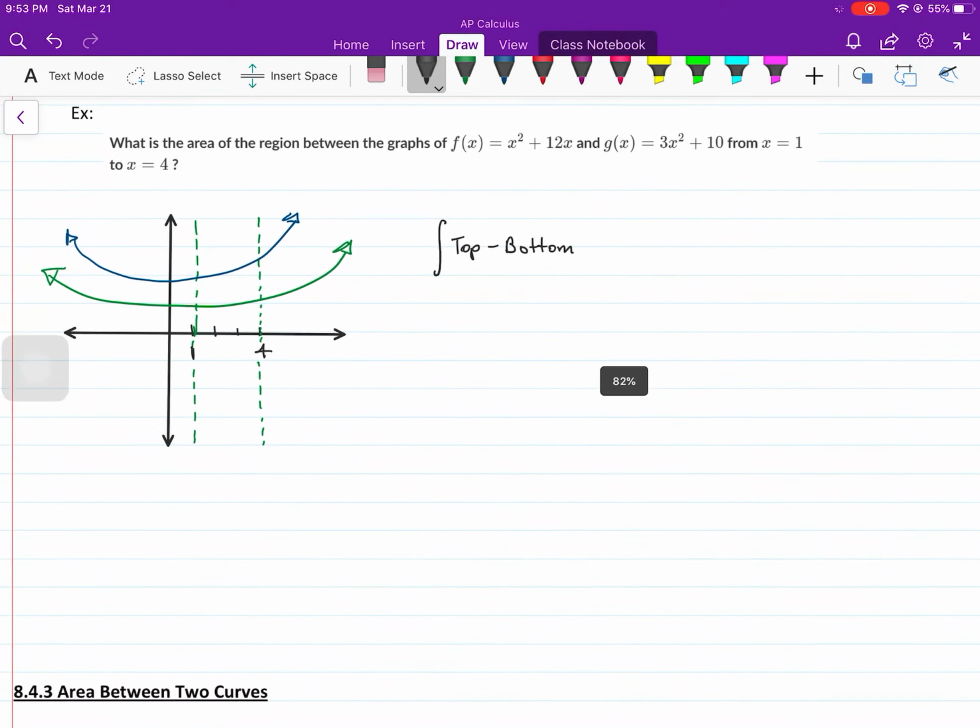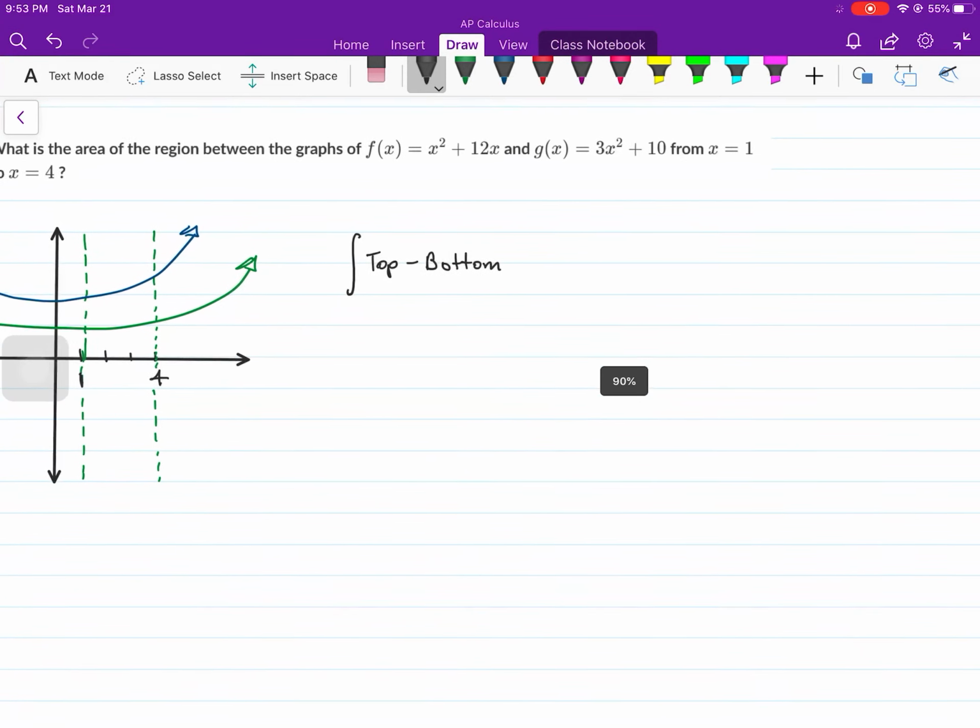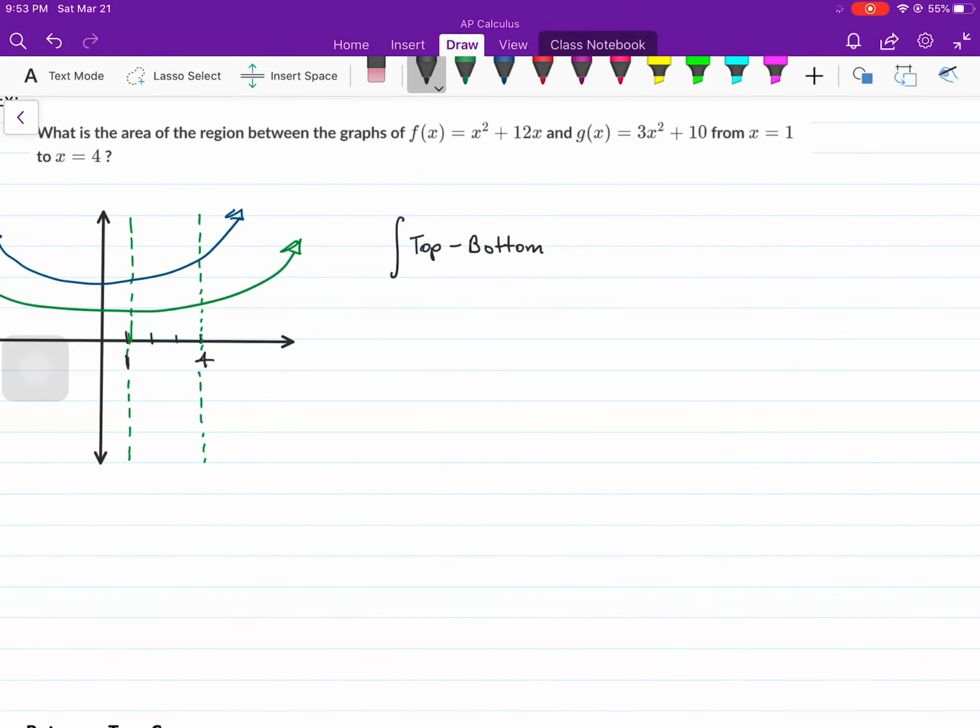And so let's figure out which one's greater than the other. The way I like to do this is just do a little quick interval test. We already have a closed interval from 1 to 4. Let's call f of x the one up here, and g of x down here. So let's plug in a number between 1 and 4. What's a number between 1 and 4?